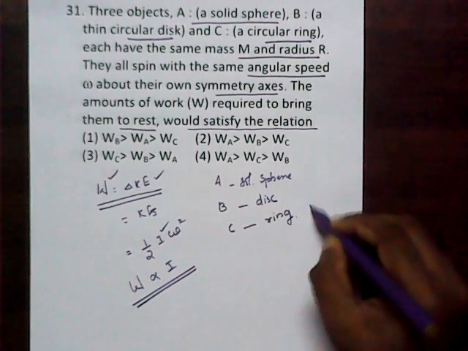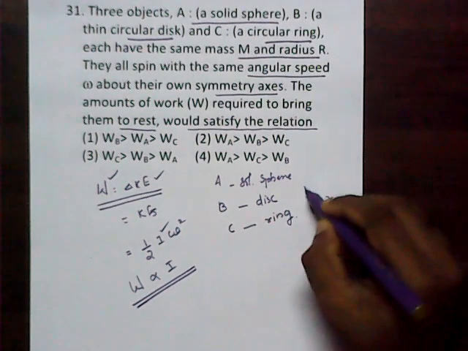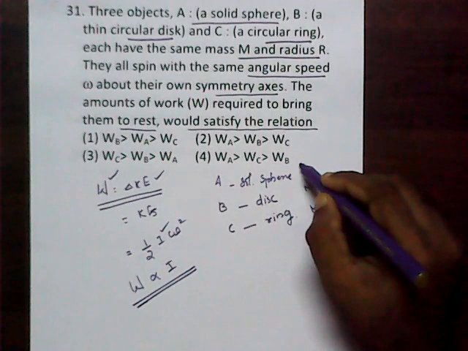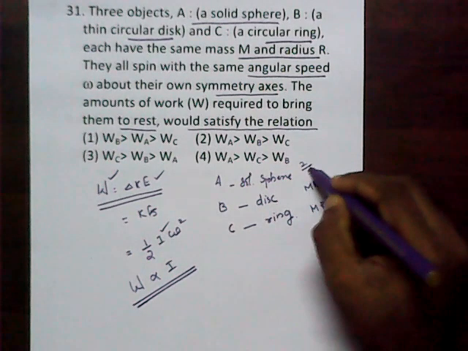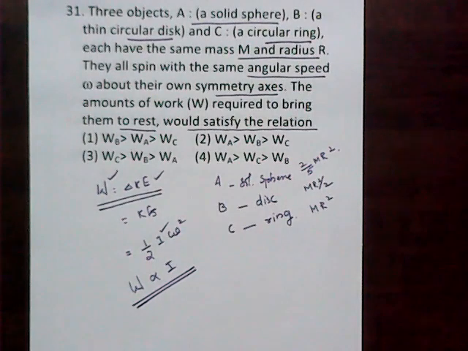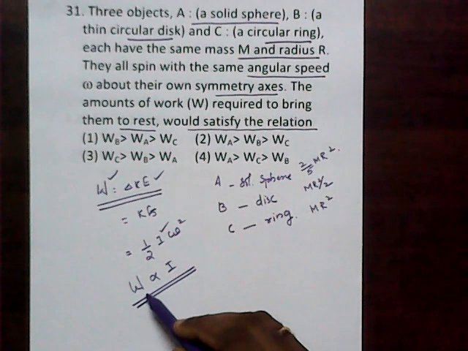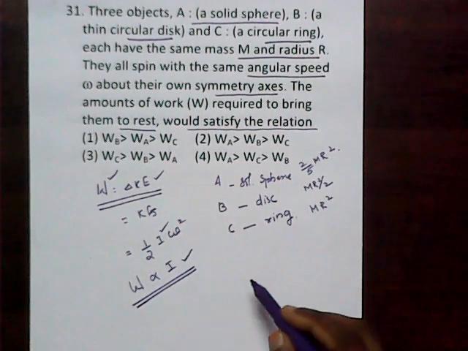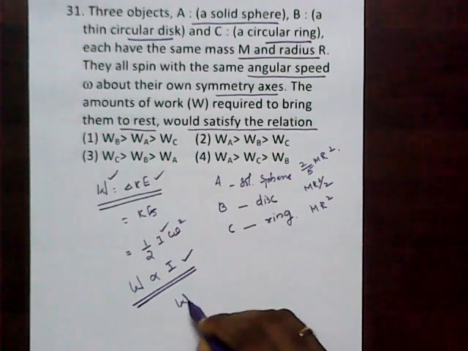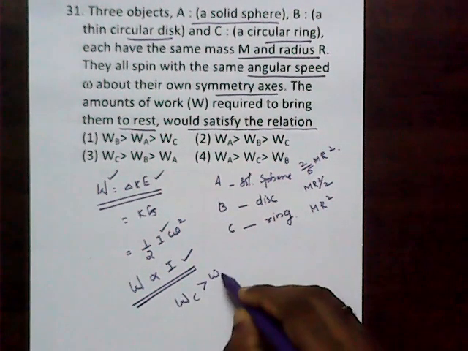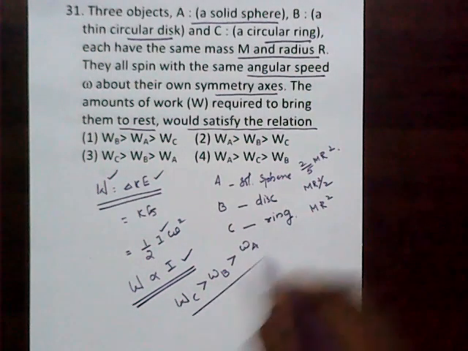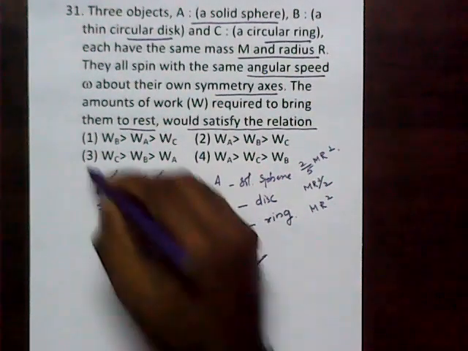You know, for the ring the value is mr square, for the disk it is mr square by 2, and for the solid sphere it is 2 by 5 m r square. So the ring gets the maximum. The work done for C is greater than B, which is greater than A. So the answer is the third one.